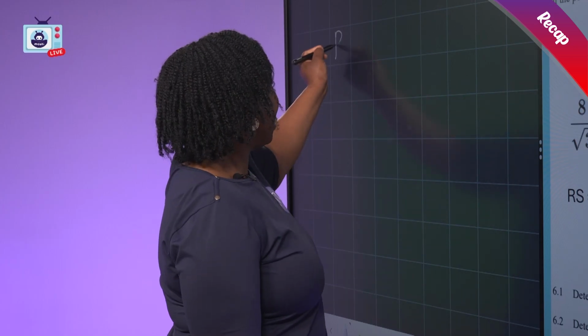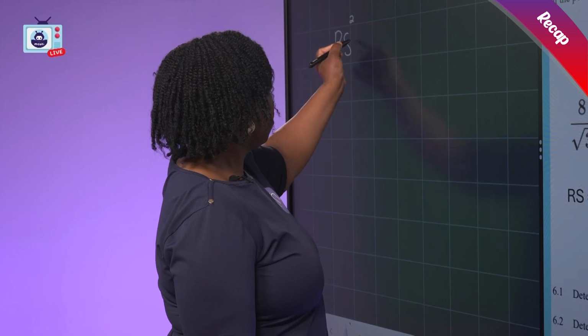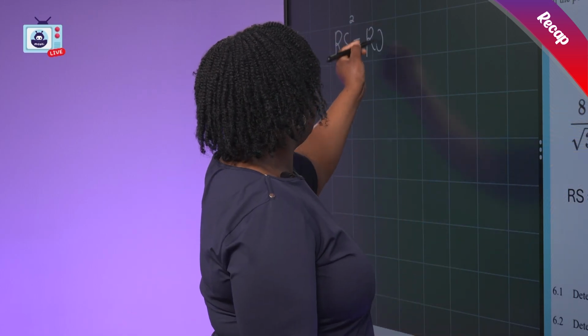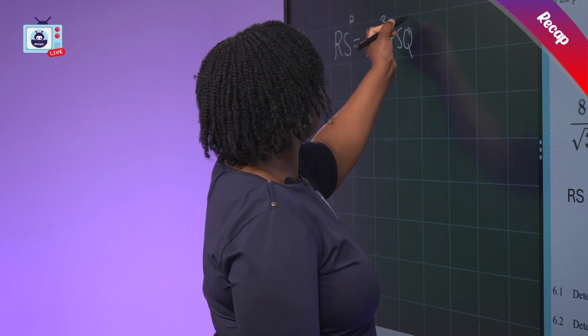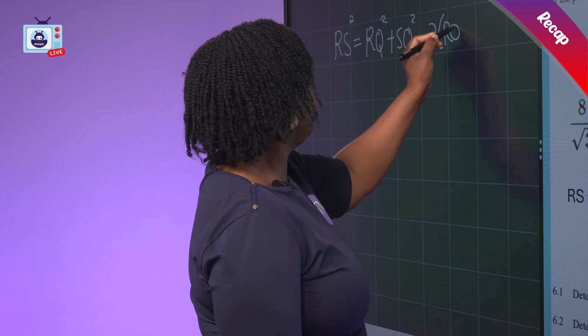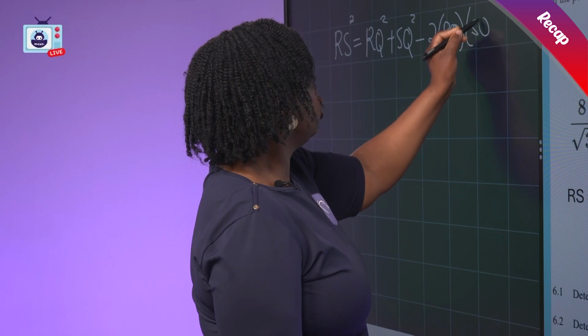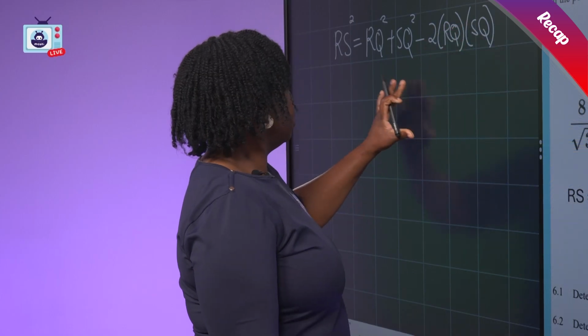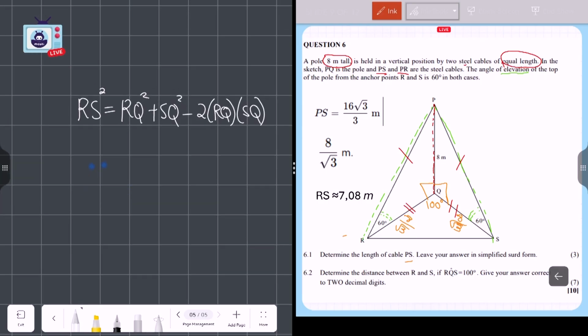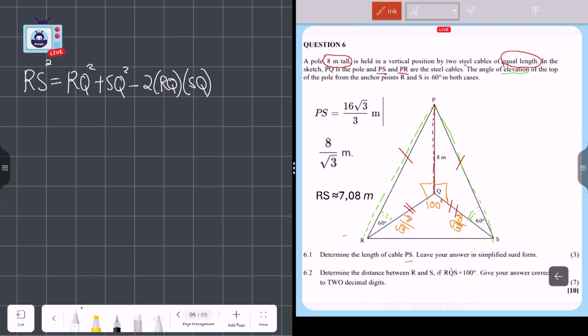So we have RS squared equals RQ squared plus SQ squared minus 2 multiplied by RQ multiplied by SQ multiplied by cos 100.